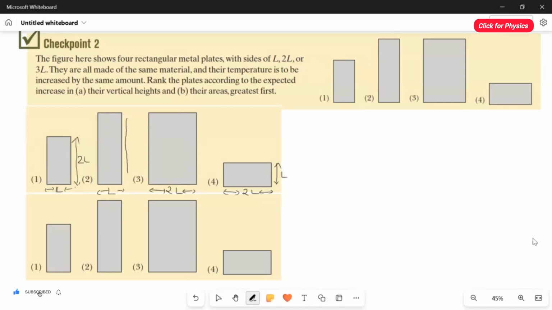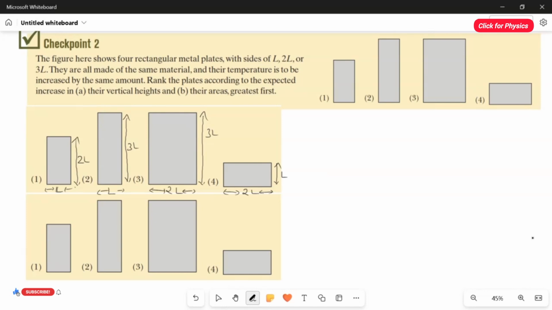So I think this one will be 3L, right? And this also 3L, right? So we gave the values for the length and the width of the rectangular plates based on the size.